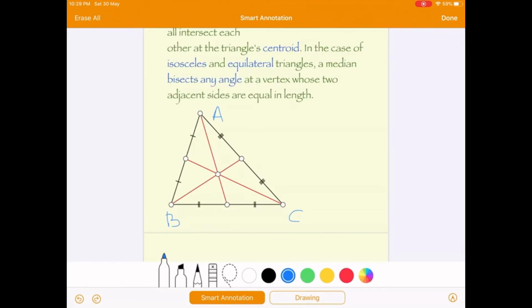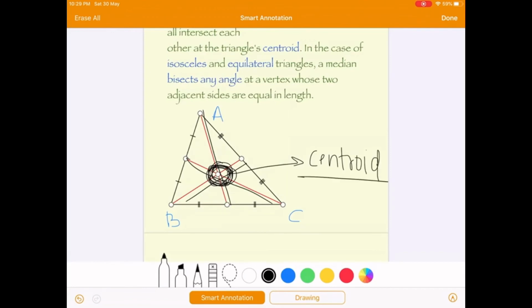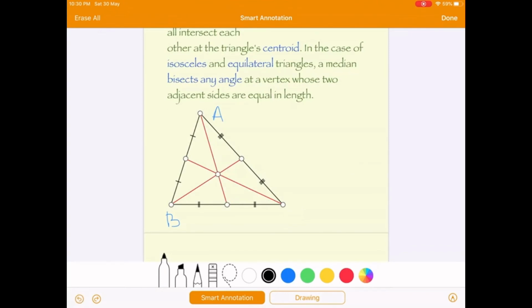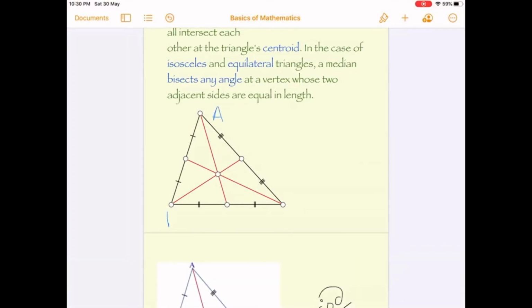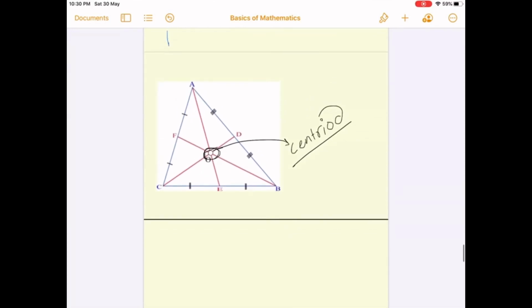So this point, where they meet at a certain point over here, is known as centroid. This is the word which is called centroid. When they meet it is called centroid. Over here you can see this meeting point in this image is known as the centroid.